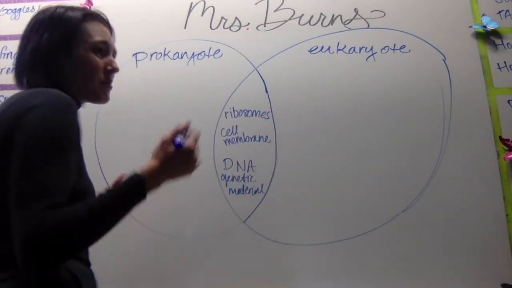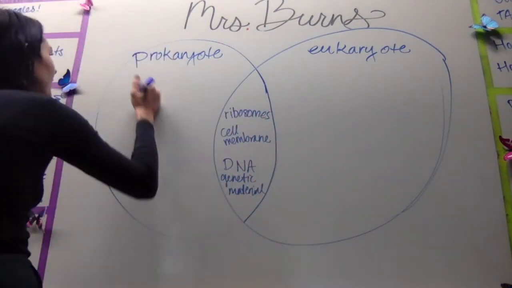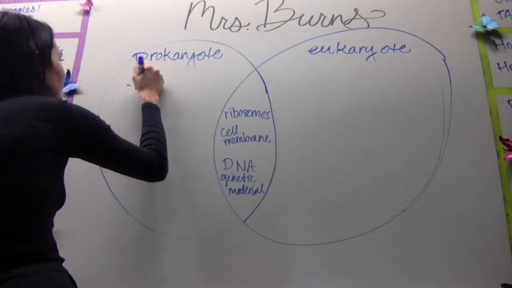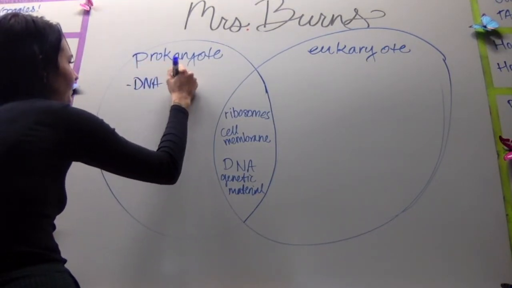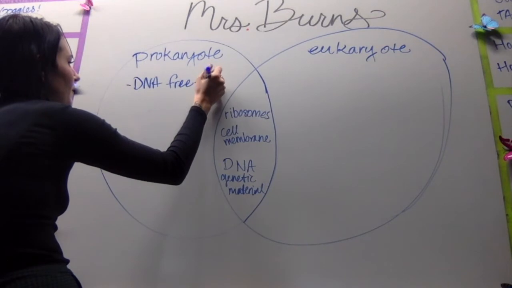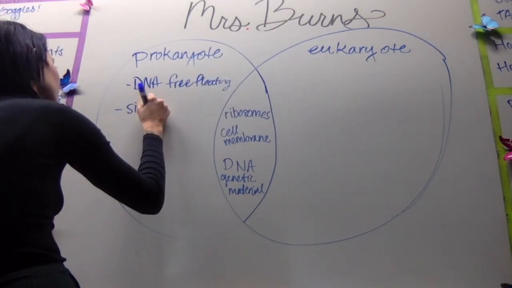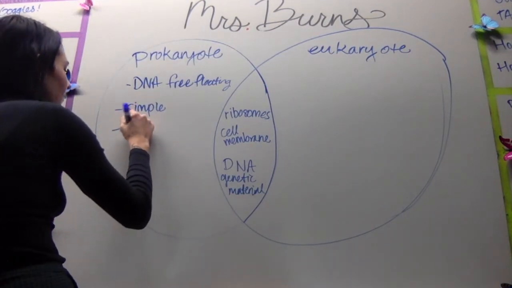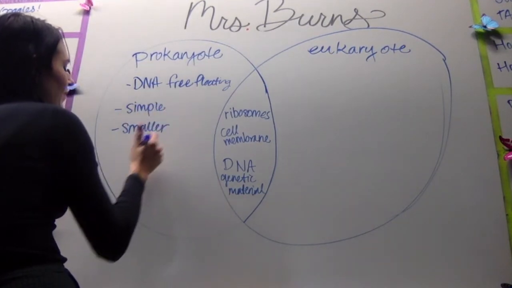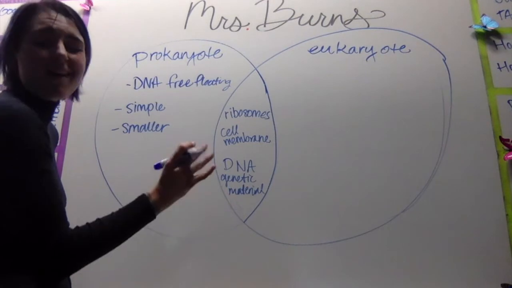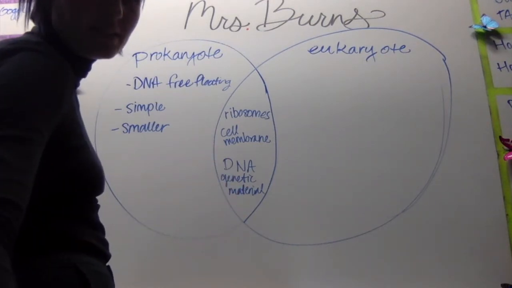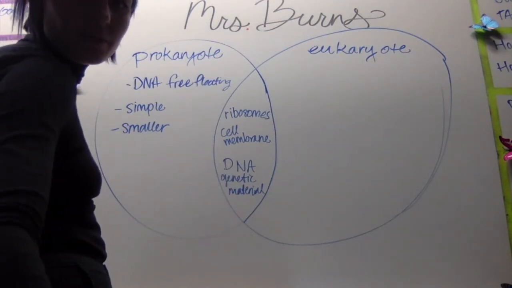So let's say what we know about prokaryotes and eukaryotes. Starting with prokaryotes. Their DNA is just kind of free-floating. They tend to be simple. They tend to be smaller. They're not always, but for the most part they tend to be. Let's see, what are some other things?